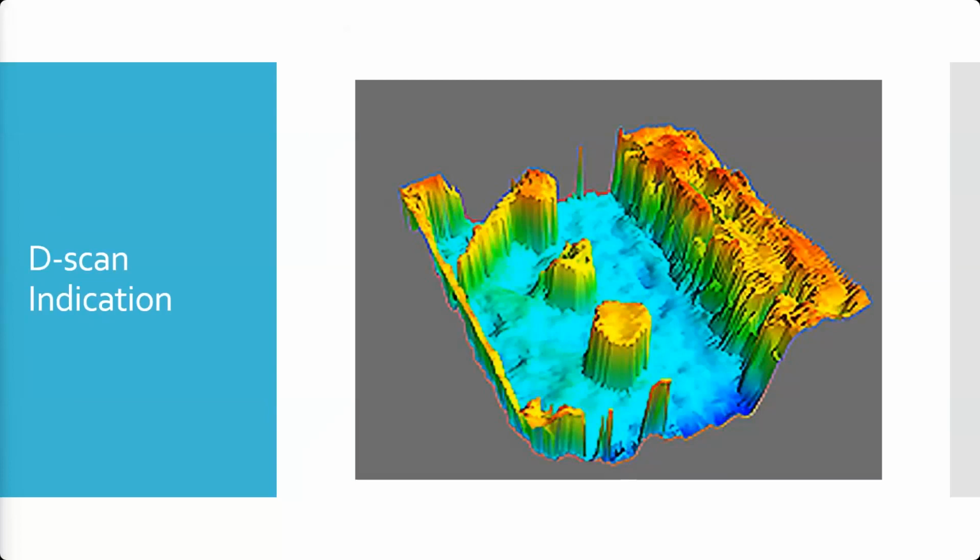And you can see this actually is a D scan with a C scan overlay. So not only does it show the true depth, but then it color codes the depth as well. If you took this and made it flat, that would be a C scan. So it's a D scan with a C scan overlay, a colored overlay that also gives you an idea of what the intensity is.